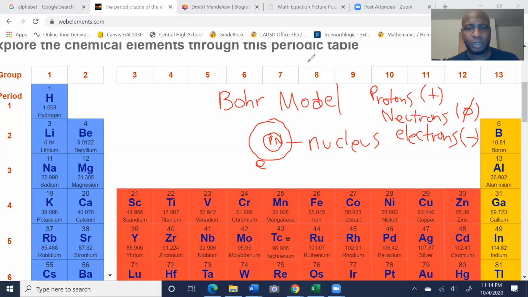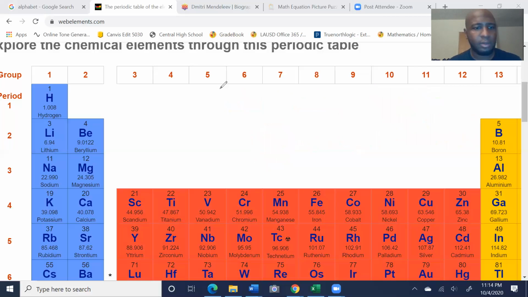Okay, so let me go ahead and clear this out and let's start doing some Bohr models. So let's take hydrogen. Hydrogen, as we said before, has an atomic number of 1. That means it has 1 proton. Our protons and neutrons go in the middle, right? That's our nucleus. In this case, I'm going to put a little p right here because it only has 1 proton in its nucleus. Okay, this is the nucleus, the middle.